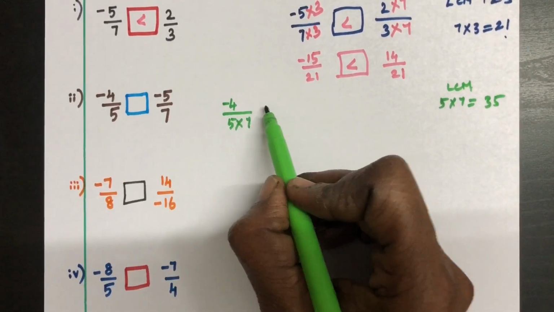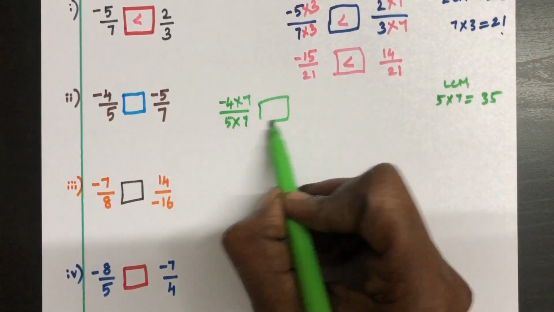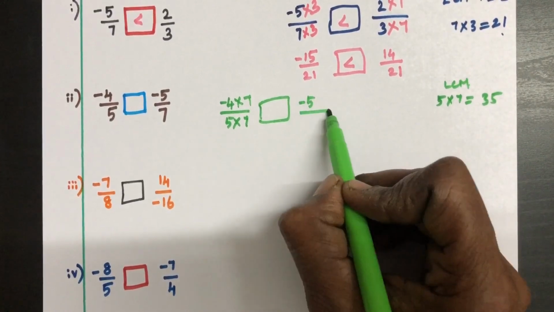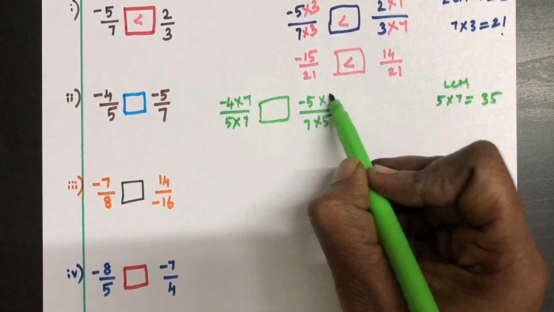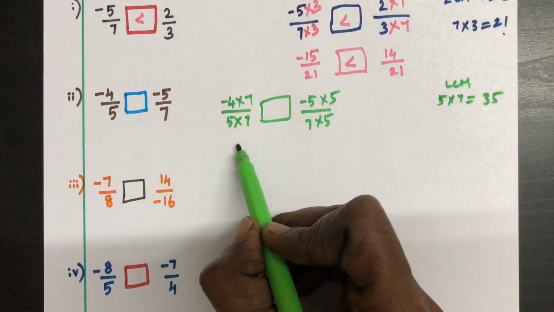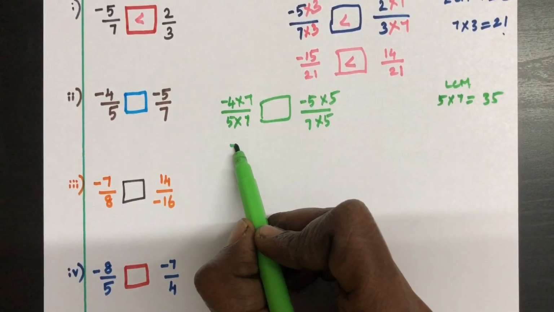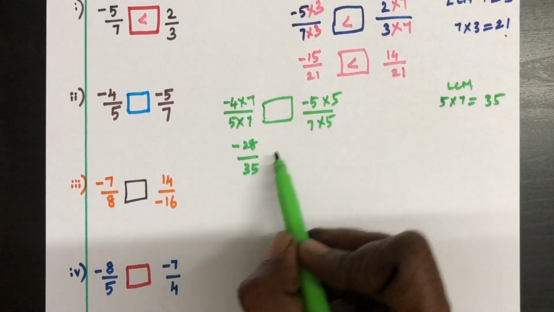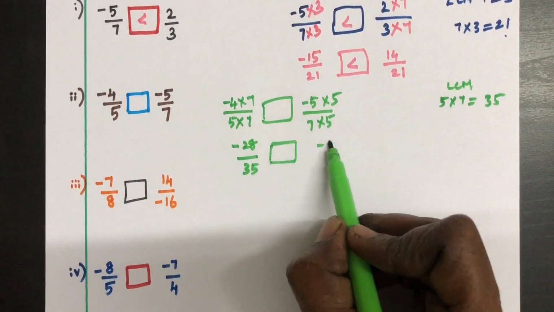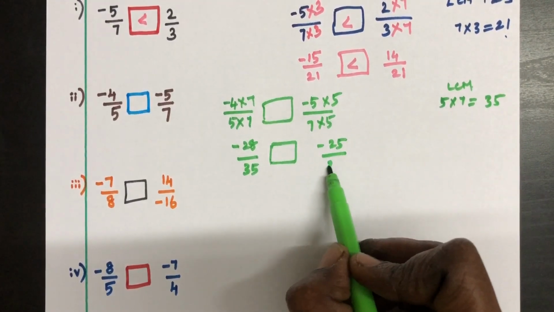Just multiply like this. Here also into 7. Now this is minus 5 by 7. If you want to make it 35, multiply it with 5. That's all. So what we will have? This is minus 28 divided by 35 compared with minus 25 divided by 35.